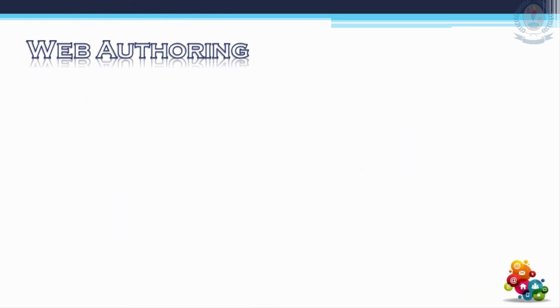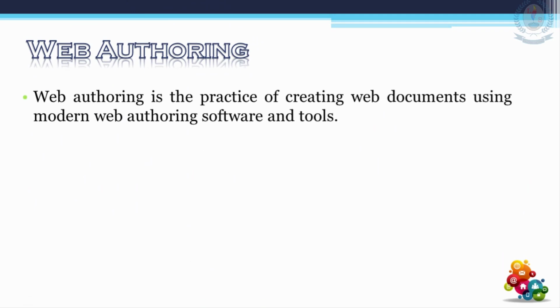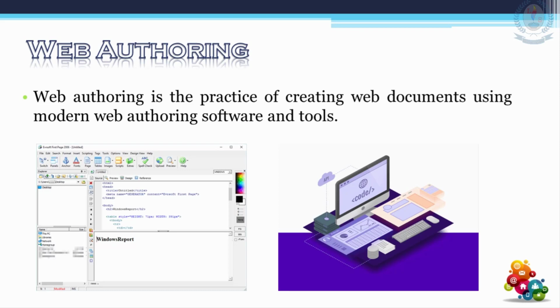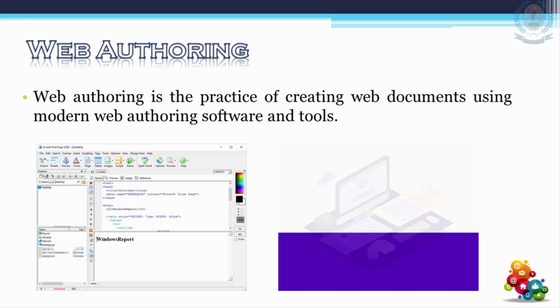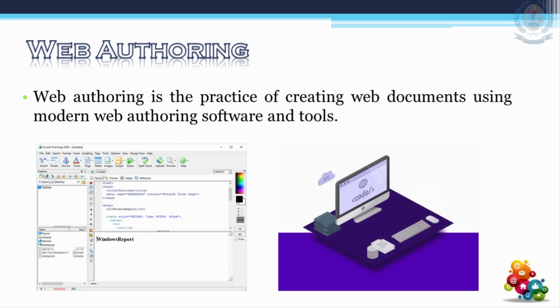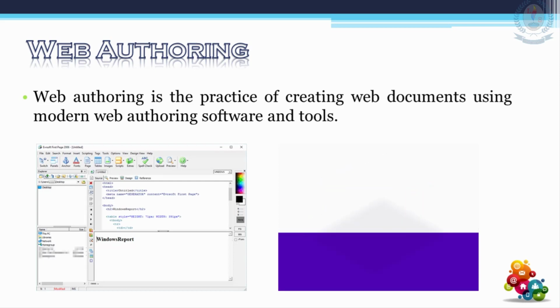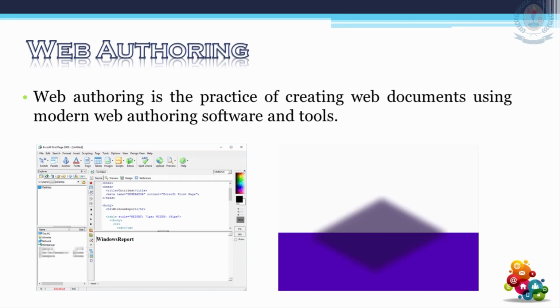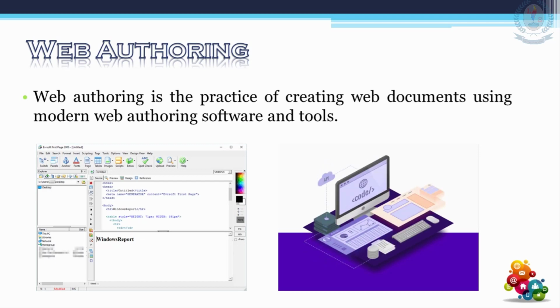Let's see what is web authoring. Web authoring software is a type of desktop publishing tool that allows users to navigate the tricky environment of HTML and web coding by offering a different kind of graphical user interface. With these web authoring tools, the end user can see a visual result that is a lot like the final project after it is built.